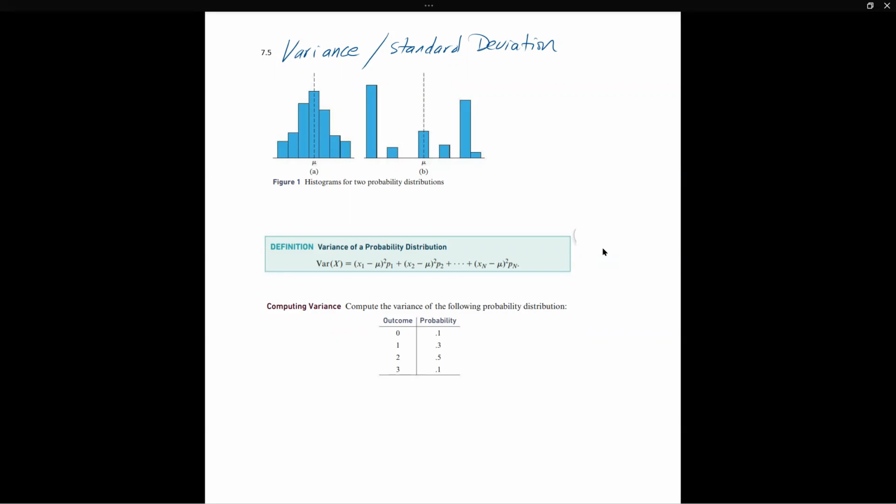So the variance is going to deal with this dispersal, or let's just call it the spread, of a distribution about its mean.